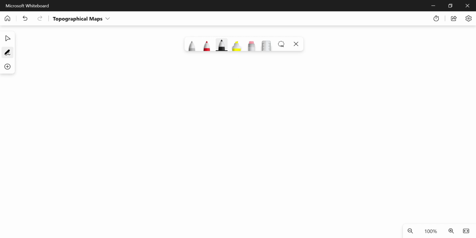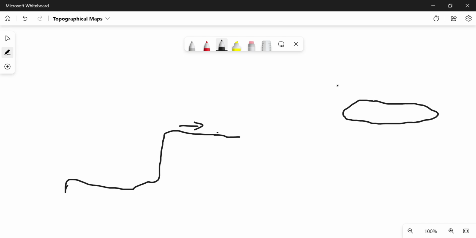Now the next is how to draw a cliff. So what is a cliff? It will suddenly come up like this. How do I draw this? And this line will go on and on. This is going to be big as well, so this is going to be long, that's why let me start from here.